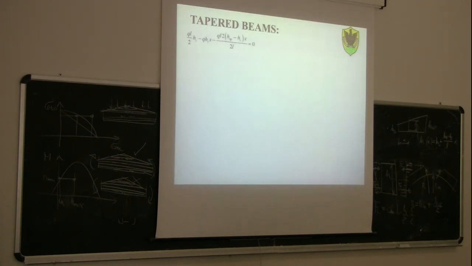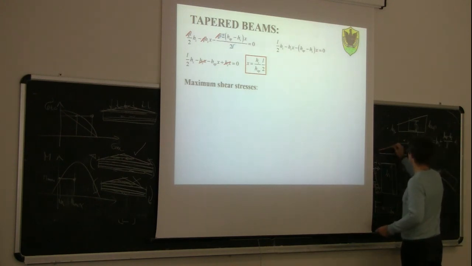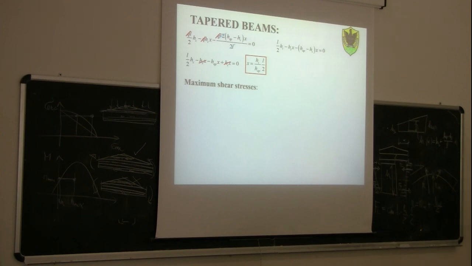In this case, we find X is HS over HAP times L divided by 2. This is for a double taper beam, so for a beam done this way. In this case, this is L, and then you can find where the maximum bending moment is. Okay?